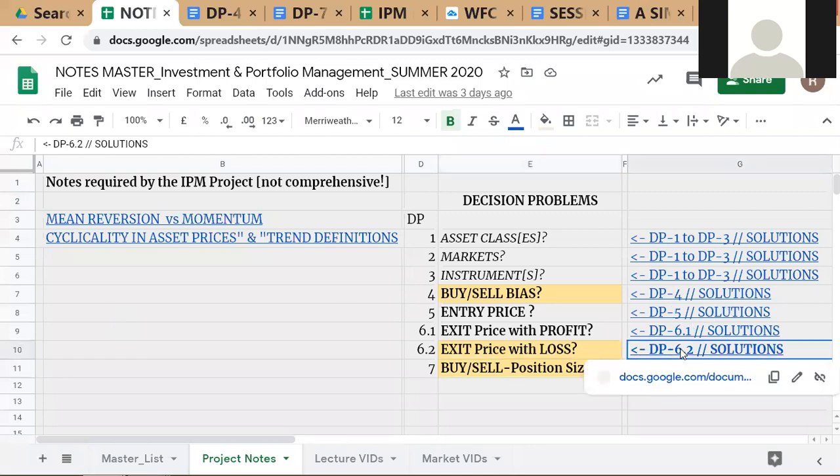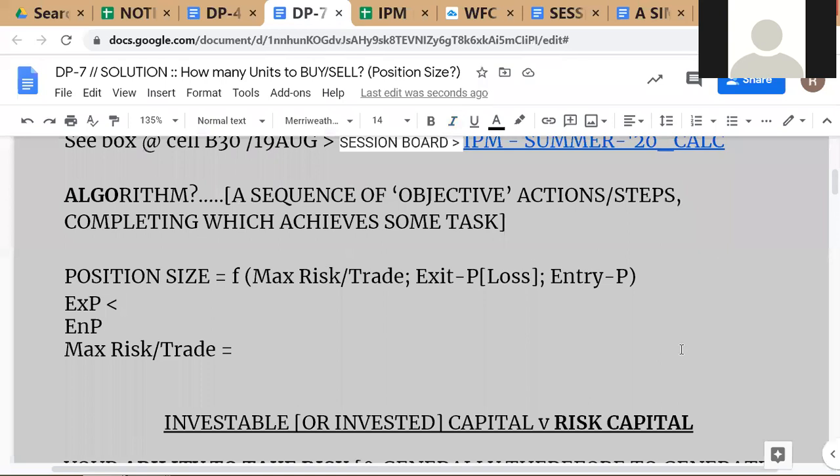So we said initially that position size, which is what we are trying to solve here, which is DP7, is a function of max risk per trade, exit price on loss, and entry price. Exit price on loss is determined by the rules we gave you in the discussion of 6.2, which is in your previous session, the last two sessions prior to this one.